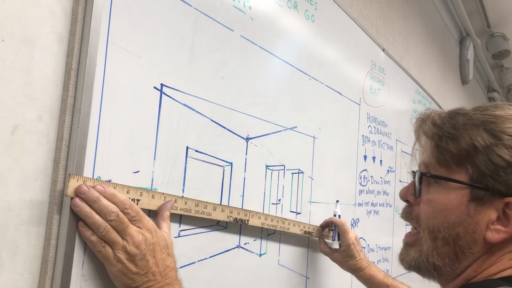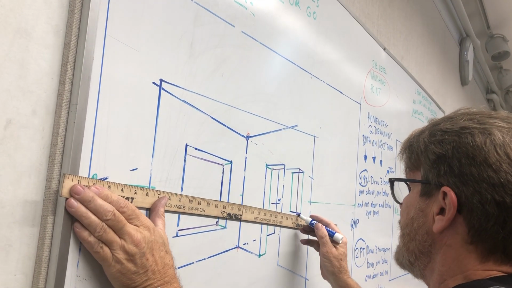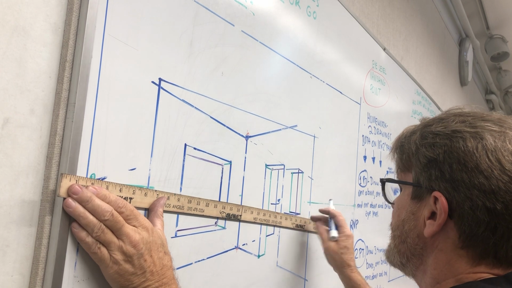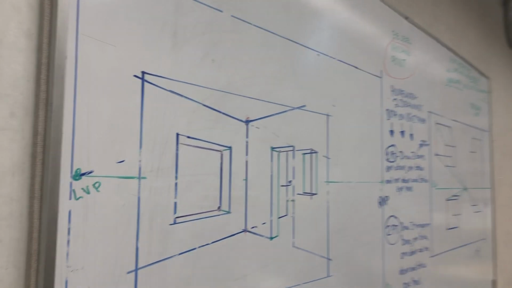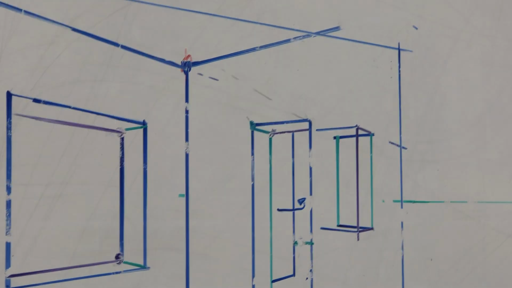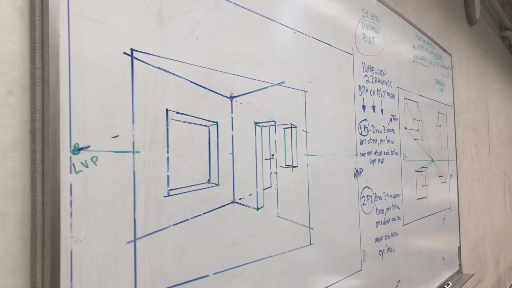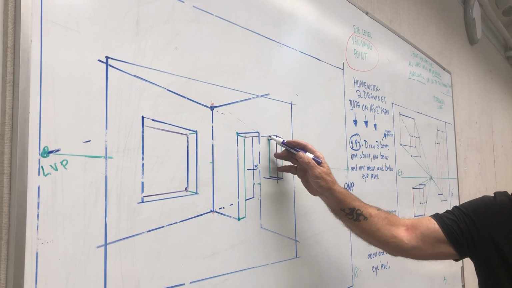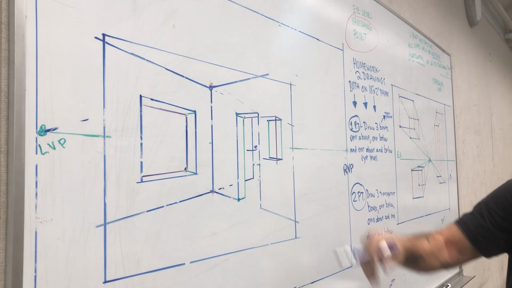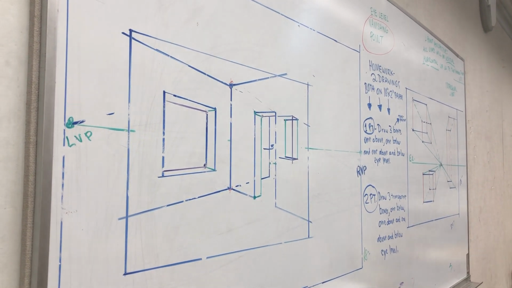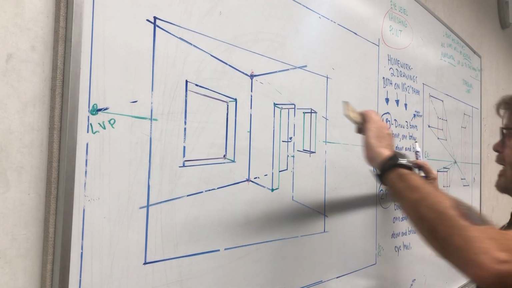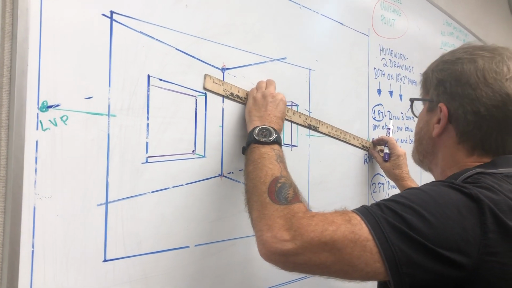So these two blue lines are going to my left vanishing point. Then I just need two more lines. No, I need more than that. I need one here, and then one out here for the outer left corner. So let's make this next line go to my right vanishing point.